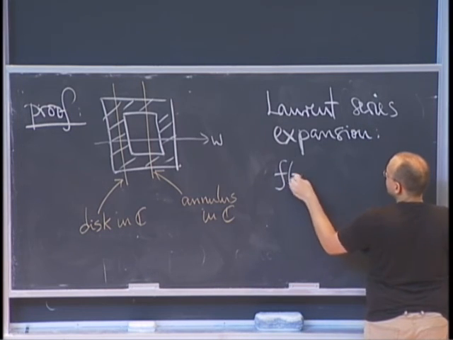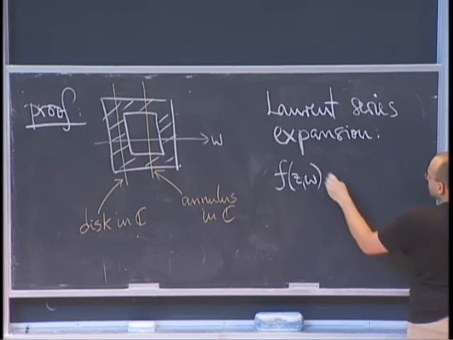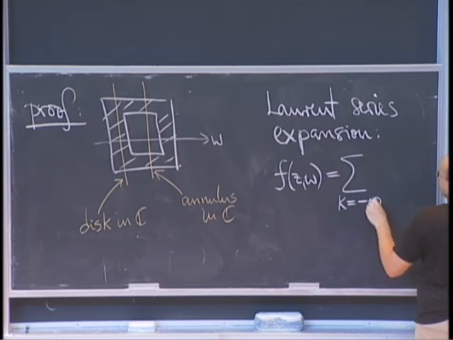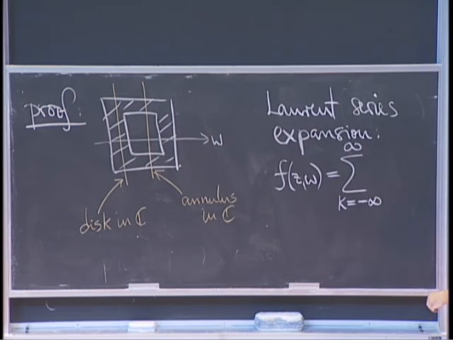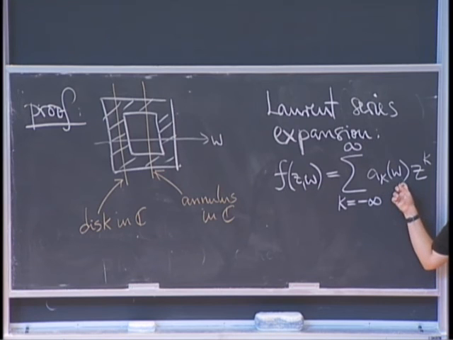So that f of Z, W is actually going to be equal to, I need to allow for negative powers, the sum of a_k of W times Z to the k. Now I'm asking what these coefficients a_k could be. So again, I'm using the residue theorem or Cauchy's integral formula to compute these coefficients in terms of the function as a contour integral.